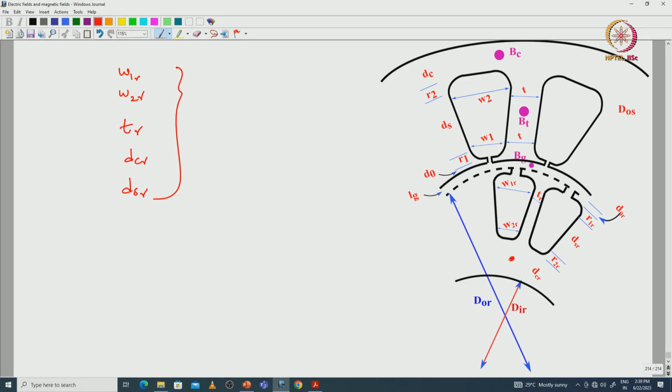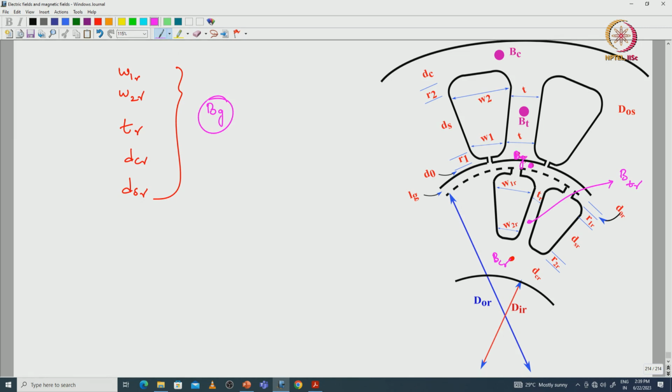Flux density at the back iron is BCR, flux density at the teeth is BTR, and flux density at the air gap is BG. First we will start with flux density at the air gap.